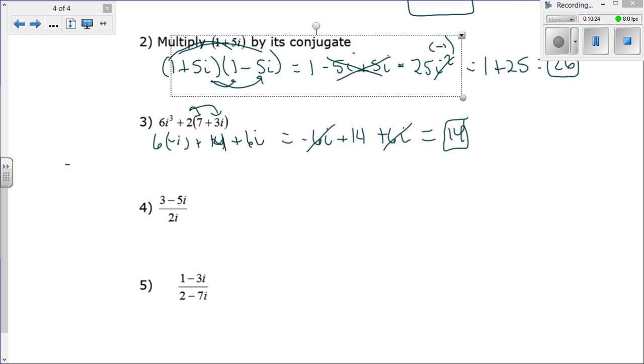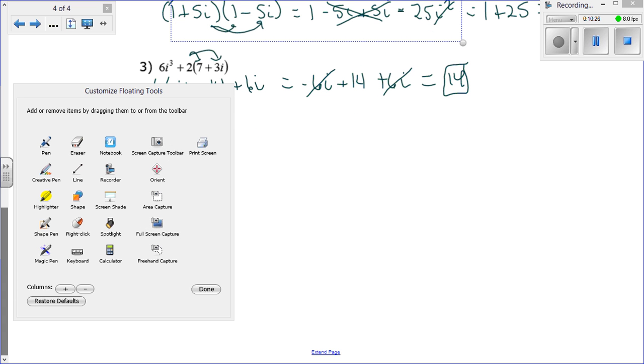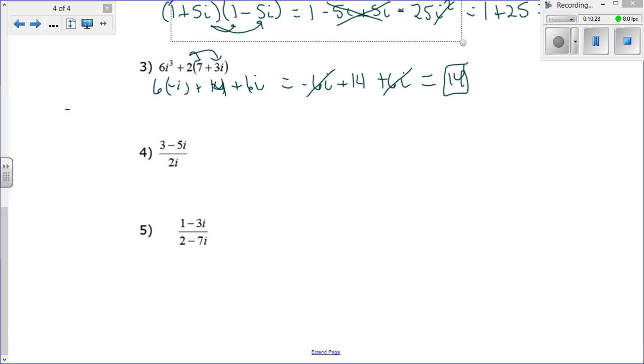Just like with radicals, I cannot have an i in the denominator. So whenever I have a monomial term with i in the denominator, I simply multiply the top and bottom by i. I do not have to include that number. So I end up with 3i minus 5i squared, because i times i is i squared.